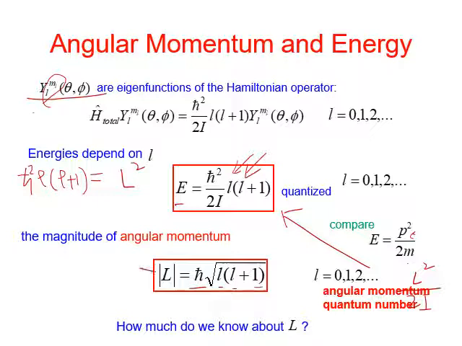Now the symbol here represents the magnitude of angular momentum. Angular momentum is a vector. It has direction and magnitude. So this equation tells us that we only know the magnitude. We are not sure about the direction of the angular momentum in rigid rotor. We're going to see this more in the next slides.